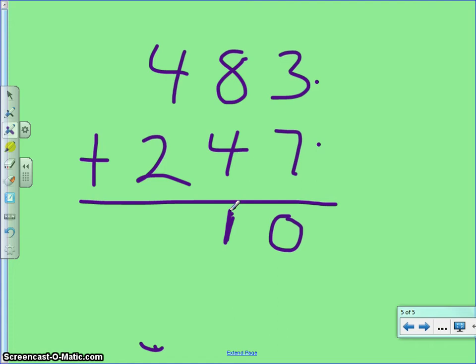Then remember, I've got to think 80 plus 40, not 8 plus 4, but 80 plus 40 is 120. And it's key to remember to put that 100 into the hundreds place.